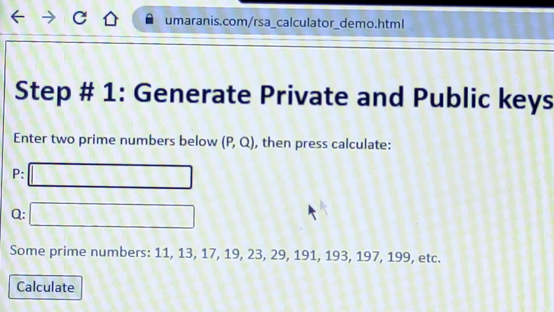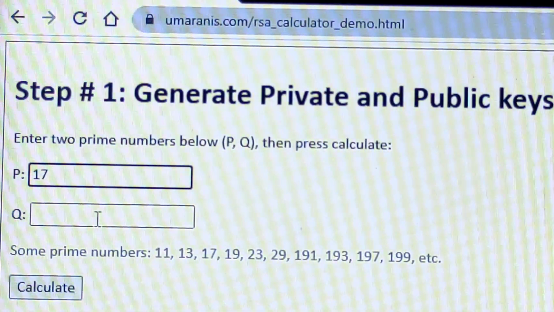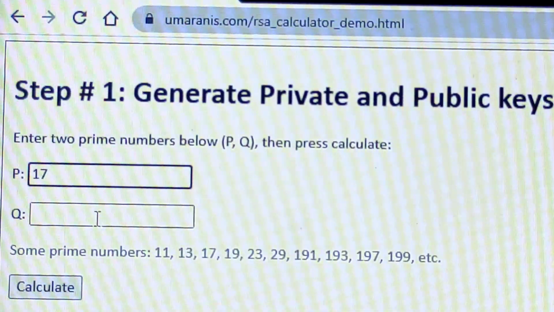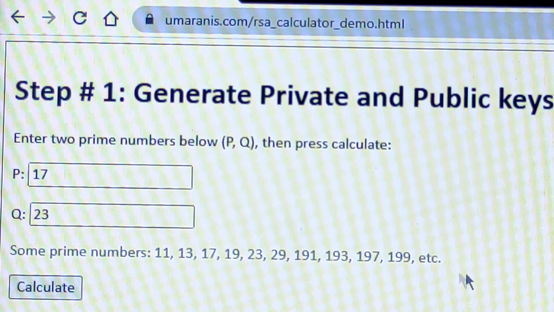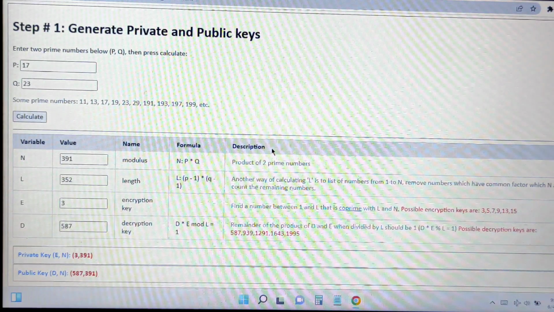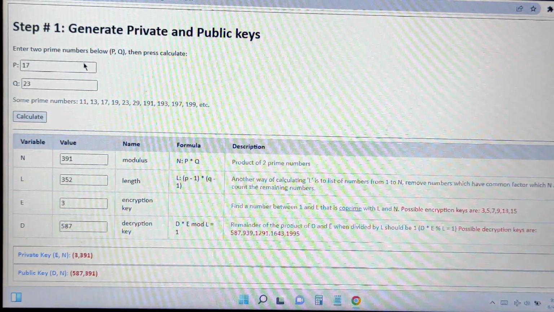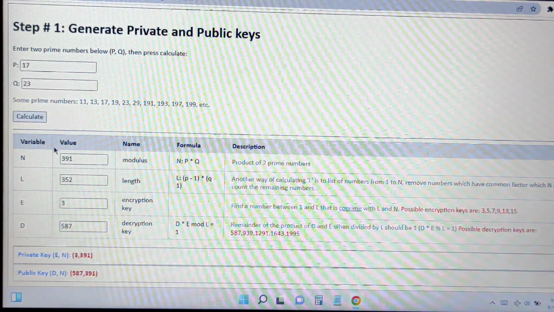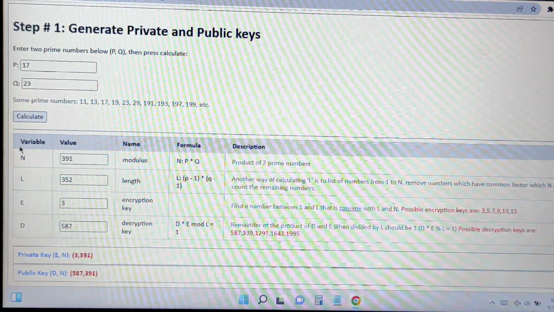So for letter P, we will pick 17. And for letter Q, we will pick 23. So we will click calculate. Now, after calculating, as you can see, we have five columns: the variable, value, name, formula, and description.